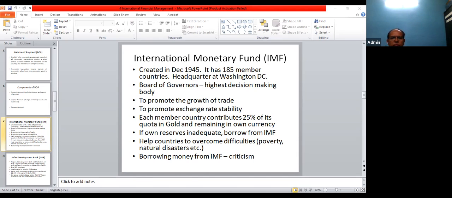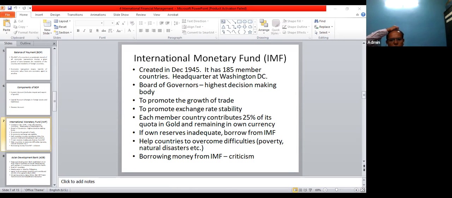Now, there was a criticism. Borrowing money from the IMF is a criticism, because if you are borrowing money from the IMF, then you have to naturally listen to the developed countries. Recently, there was a quarrel, you might have heard. This is not an old story.